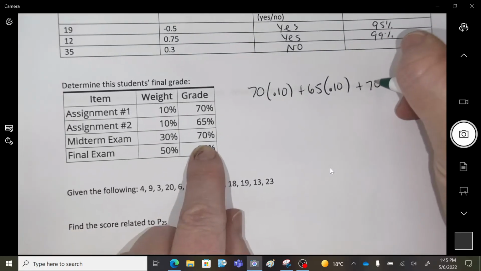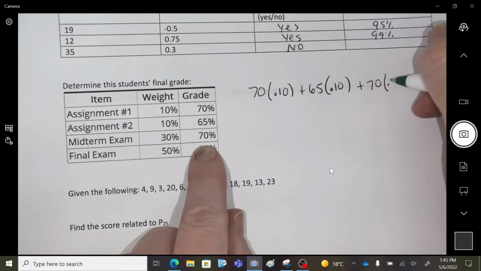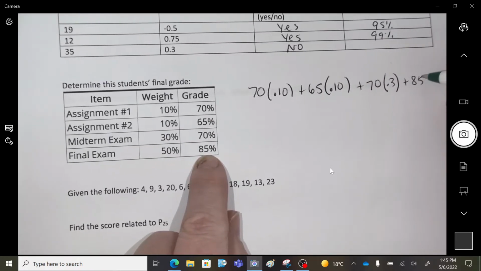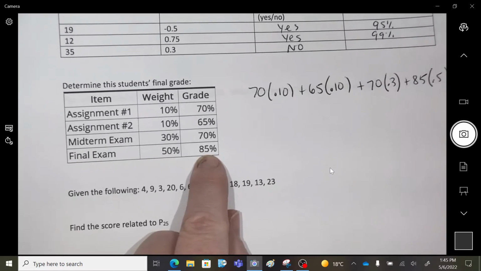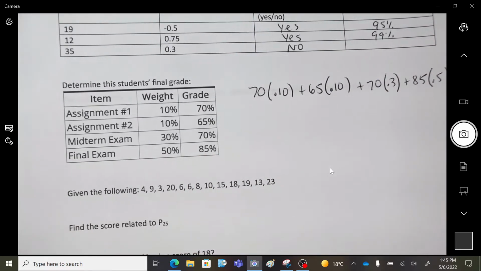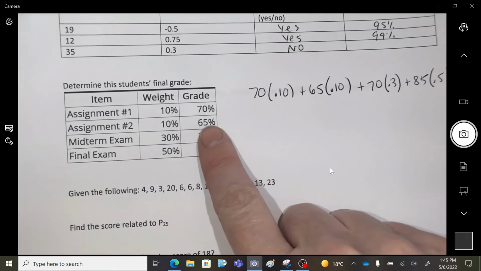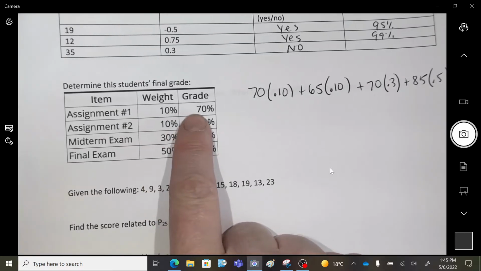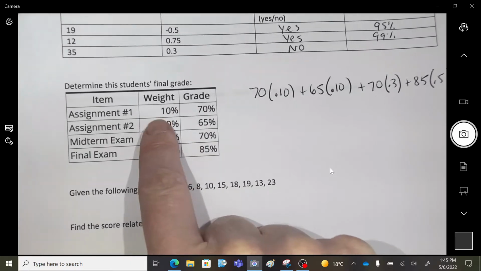They earned a 70 on the midterm with a 30%, and an 85 worth a 50% weight. So you're timesing them by the weightings. That's the thing you're changing. Please don't change the grades, right? You don't want to do 10 times 0.7. It's a 10% weight.